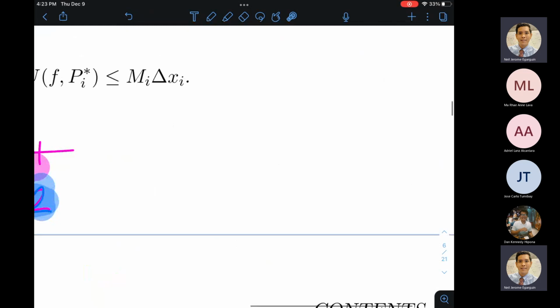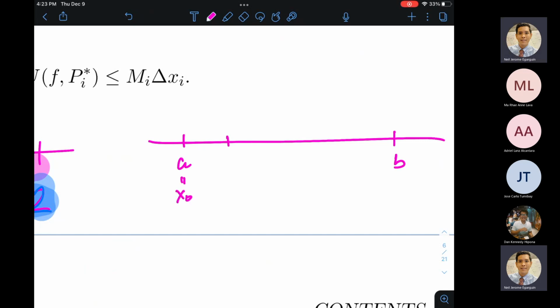Ang idea niya kung bakit siya tinawag na refinement, kasi nga, halimbawa, ito yung partition mo, ito si P, ito si X0, ito halimbawa si X5, ito si X1, X2, X3, X4. So clearly, yung set containing X0 hanggang X5 ay isang partition inducer.